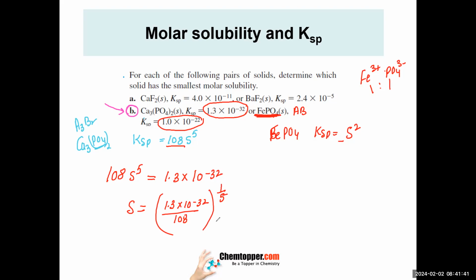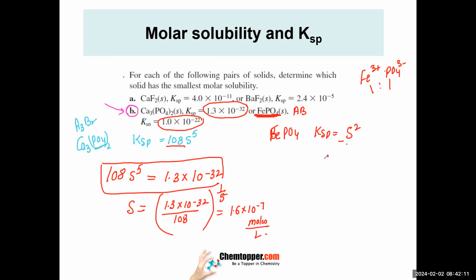If you have any mathematical problem with the exponential, watch the video in unit 0 about exponential. Otherwise, use your graphing calculator. The answer is 1.6 times 10 to the minus 7, units moles per liter.